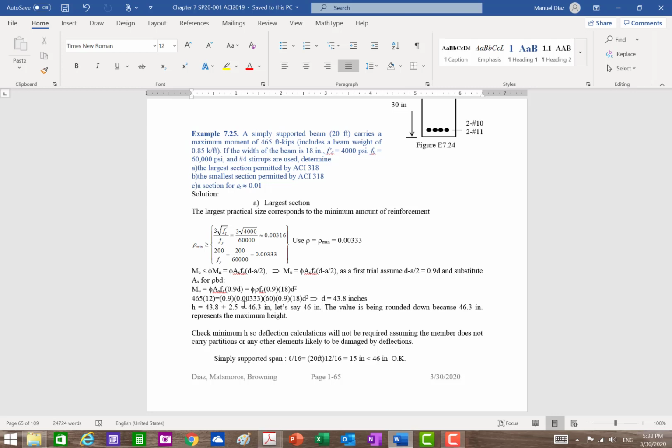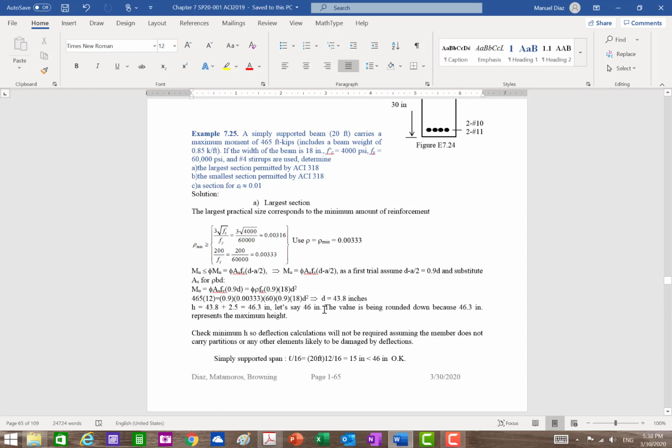But you cannot do that. You always have to put the minimum, meaning you're not doing an economical solution. So you have to go, in this case, below the number that you find, because 46.3 represents the maximum depth. That's how high you can go. So you pick something a little less in this particular case.